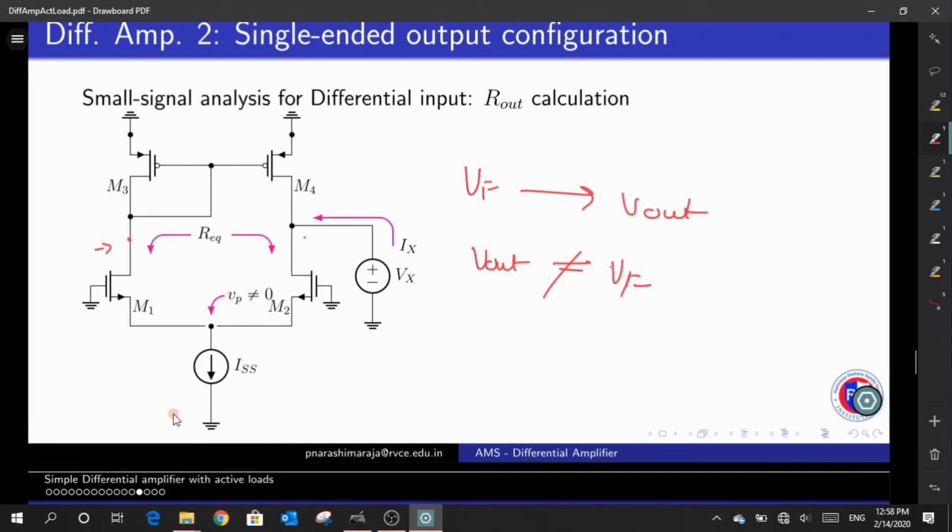Did I say it wrong or the other way? The other way I said. So whatever the Vf that I have has to be adopted by Vout, but the Vout cannot adopt the value of Vf. The Vout cannot define the value of Vf. Clear? Is that making sense?